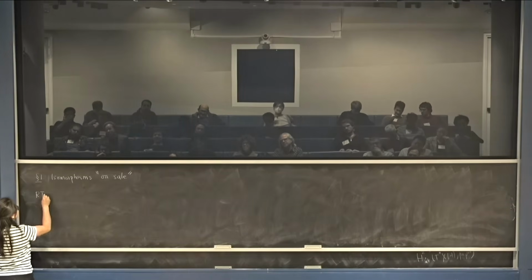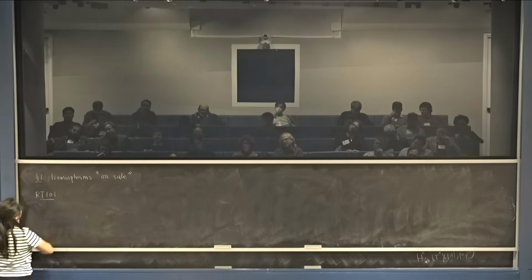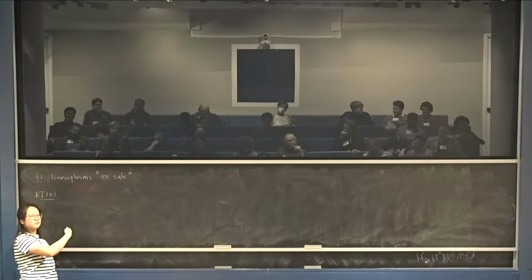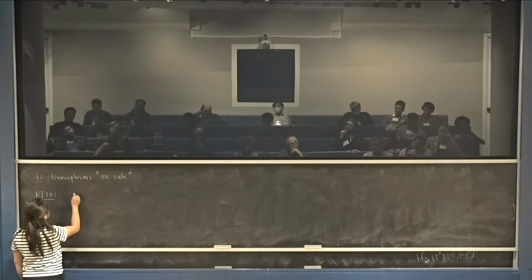First, in Representation Theory 101, what we learn is that, at least in the simplest possible context, complex representations of finite groups, representations are completely determined by their characters. You just take your representation, which is a map to GL_n, and compose with the trace function from GL_n to C, and that remembers at least the isomorphism class of the representation.